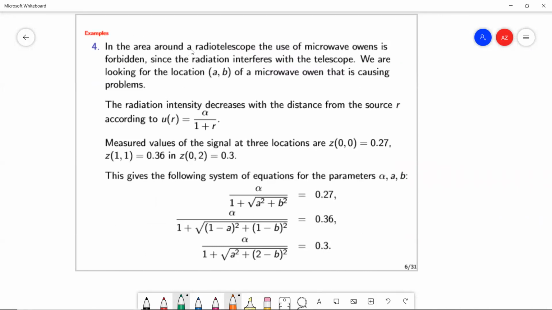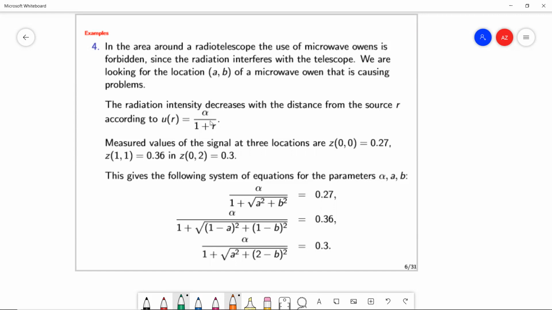The situation is that we have a microwave, and this microwave is forbidden because its radiation interferes with the radio telescope, which we have somewhere in the area. And then we measure. But we know that the intensity of the radiation of the microwave decreases with distance from this microwave according to this law.